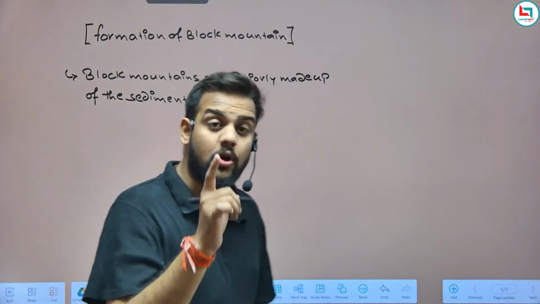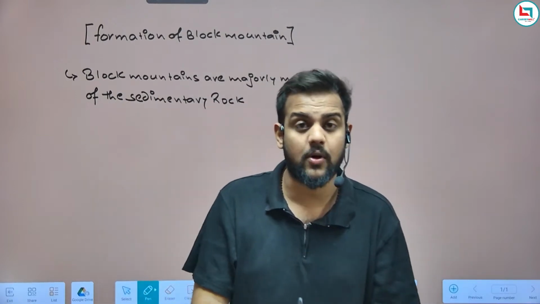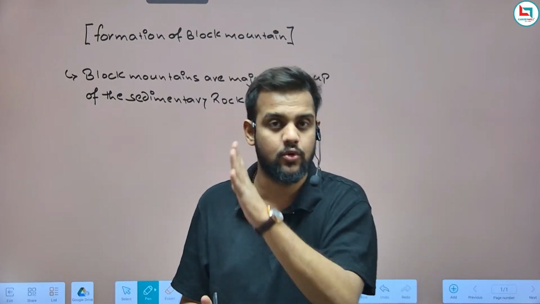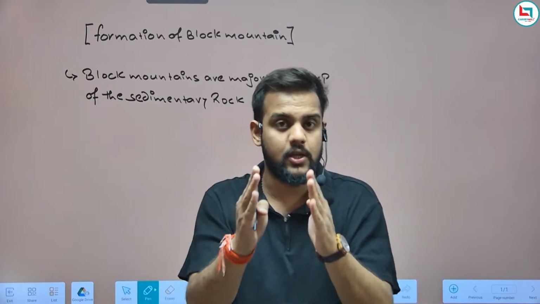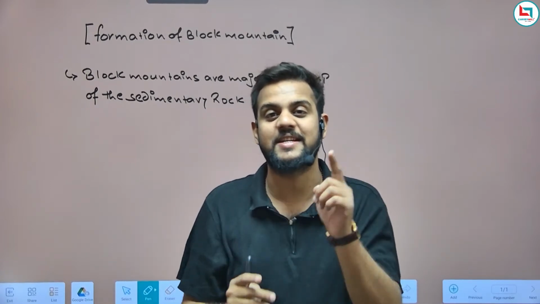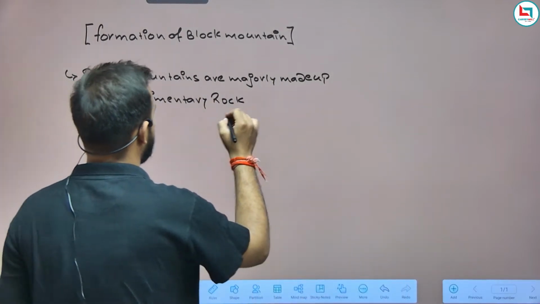Because we know that block mountains are made up of the fold mountains, especially the old fold and the new fold mountains. And you people know that old fold and new fold mountains are made up of sedimentary rocks. Okay, so this is the reason.